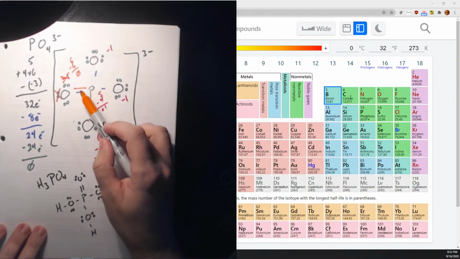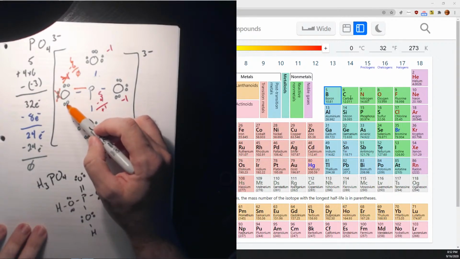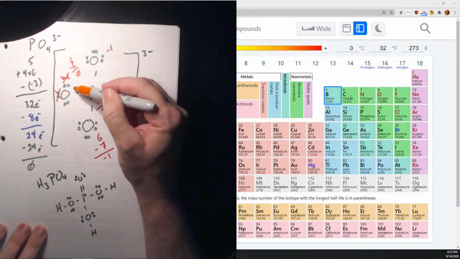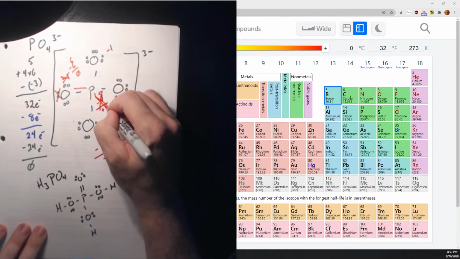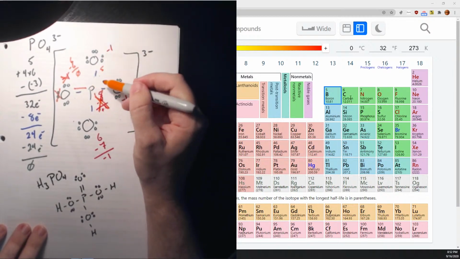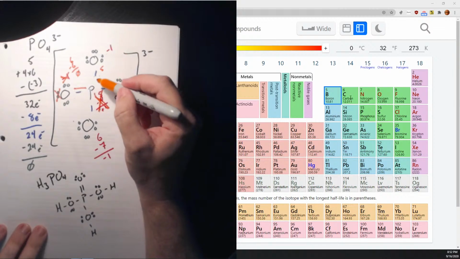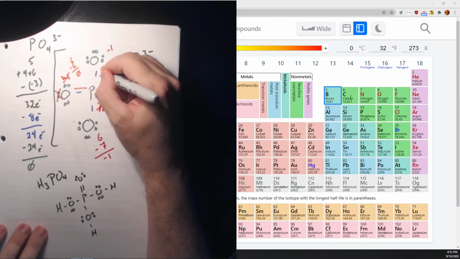Because this oxygen with a double bond instead of a single bond, it owns 1, 2, 3, 4 from its 2 lone pairs, and then 5, 6 from its 2 bonds. And phosphorus also changes. Phosphorus still started with 5, but now it looks around itself, it sees 5 bonds, and thus 1, 2, 3, 4, 5 electrons.